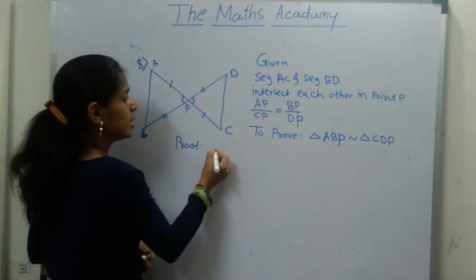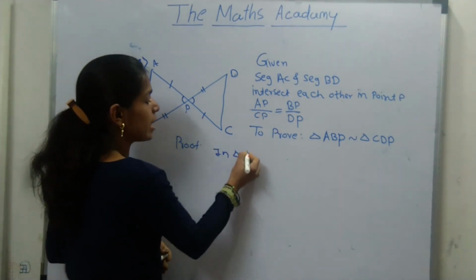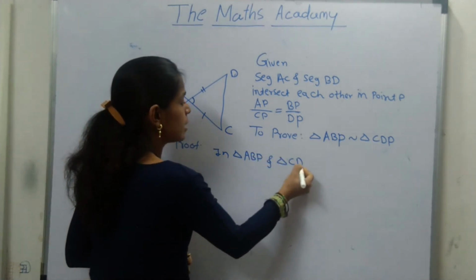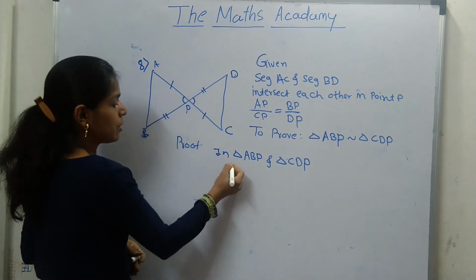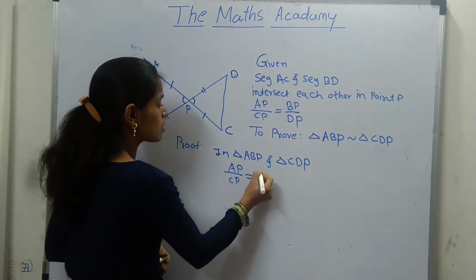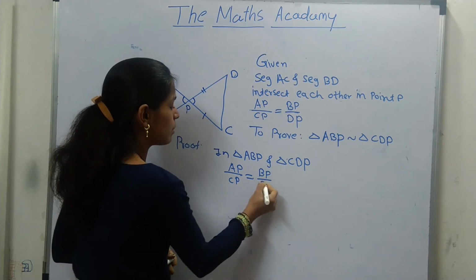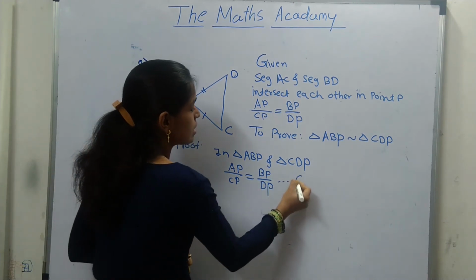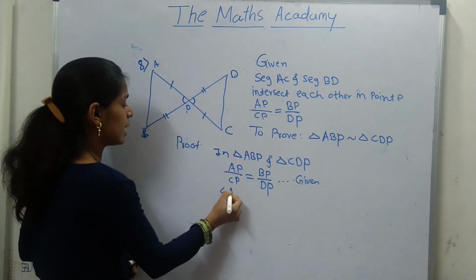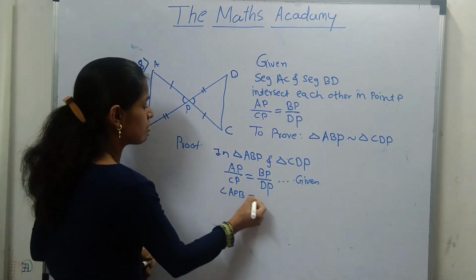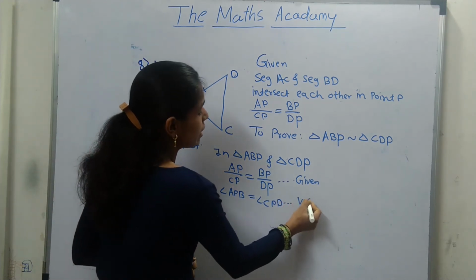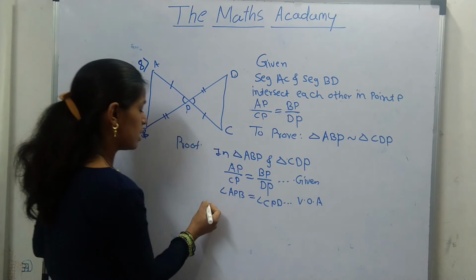So, let's write. In triangle ABP and triangle CDP, what do we have given? AP upon CP is equal to BP upon DP. This is given. And angle APB is equal to angle CPD, vertically opposite angles.